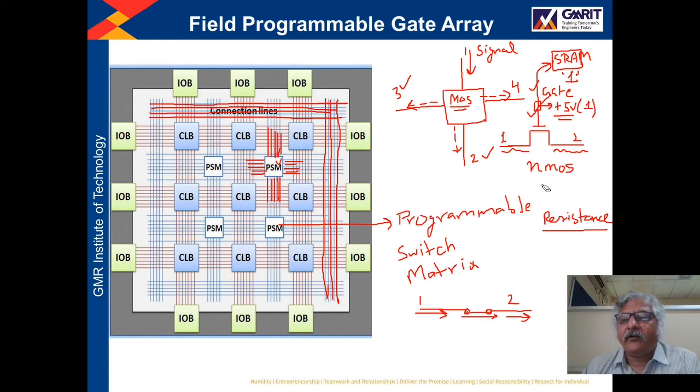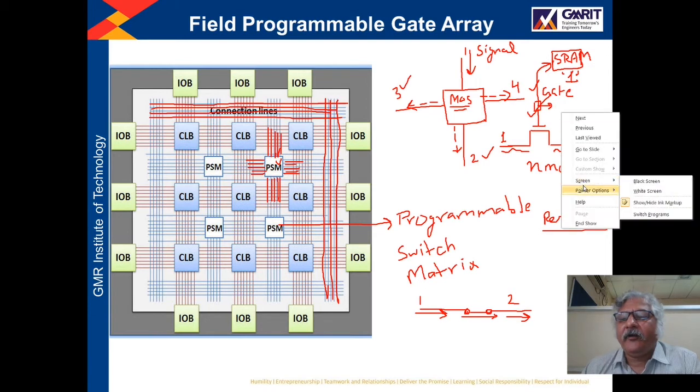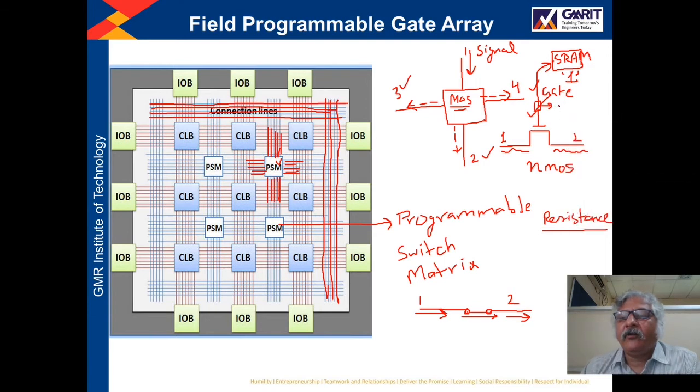How to make this off? In place of the 1, I will store logic 0 in the SRAM, meaning 0 volt.